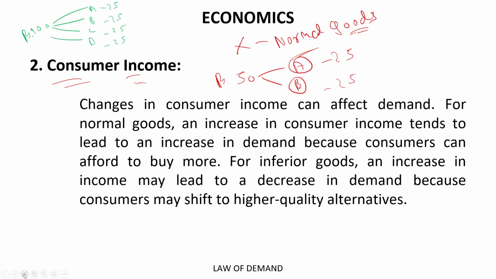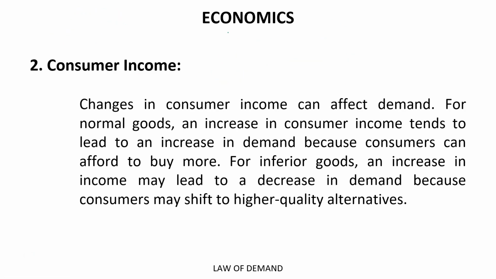But what about the inferior goods? So basically you can say inferior goods are goods below the normal standards. Okay, so those goods which are even below the normal standards are called inferior goods.